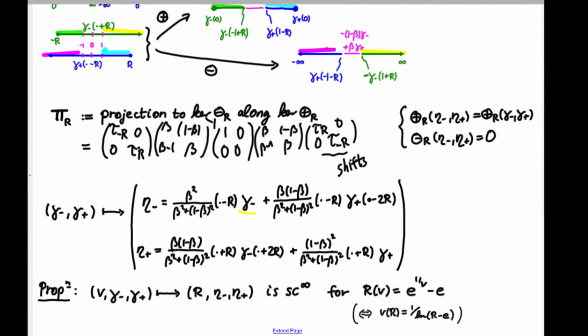And beta times 1 minus beta is always a function that's just supported on an interval of length 2, and that kills a little piece of gamma plus that's also shifted drastically. And you have a symmetric situation in the other component. So this looks terribly scale smooth.